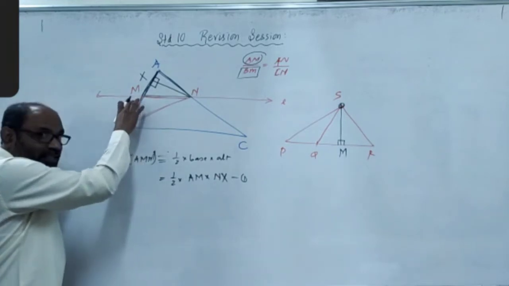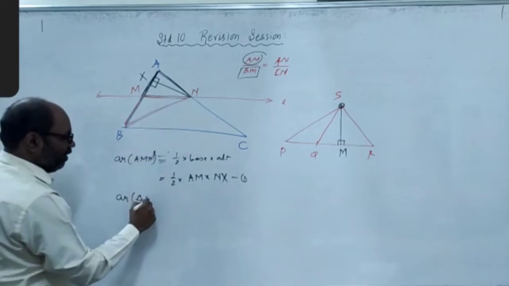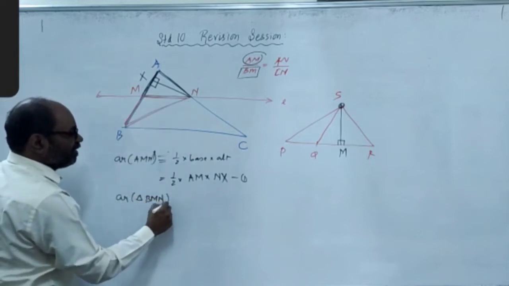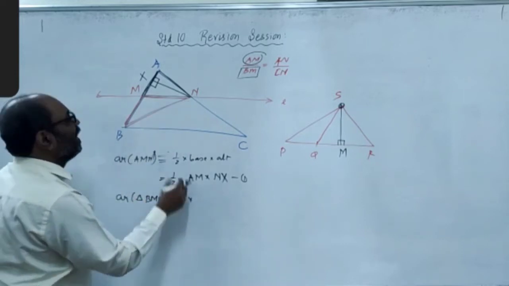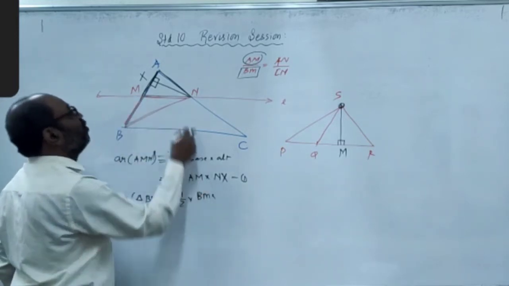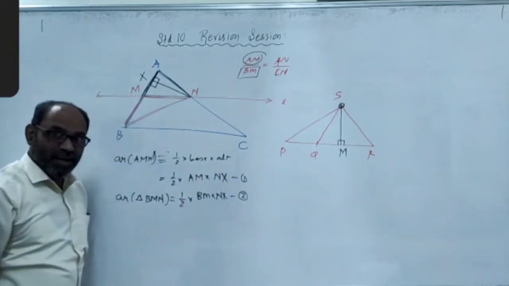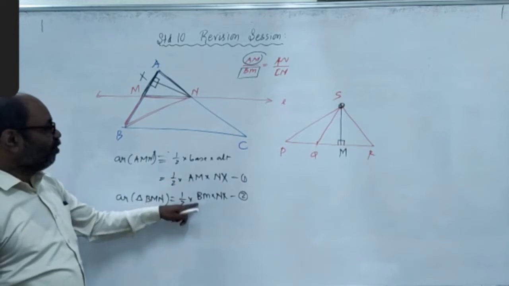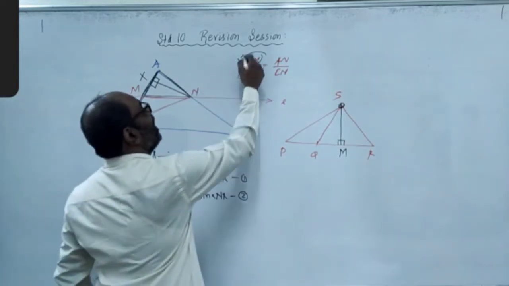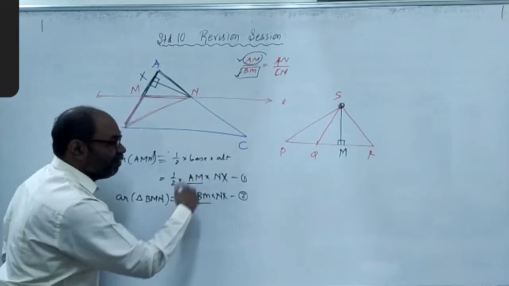Similarly, now I am taking this triangle. Area of triangle BMN is equal to half, I'll write directly now, the base BM into the altitude NX. This is result number 2. By using these two results, I can get AM upon BM. Can you see AM on the right hand side, BM on the right hand side?